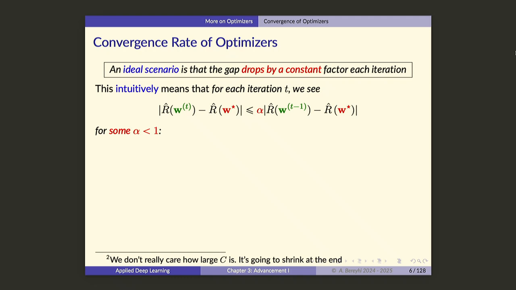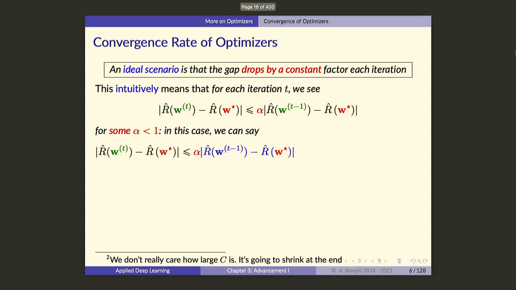And eventually, for some finite value of the exponent, this is going to be extremely small. So this is the ideal case. The best case you can think of, a bit of a spoiler, is not going to happen in practice. This is not what you get, but it is the ideal case.